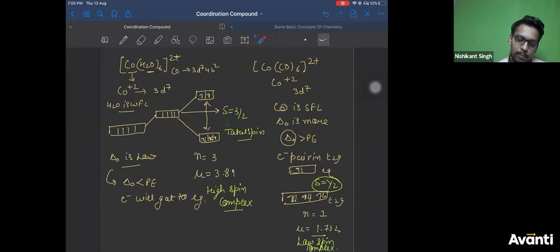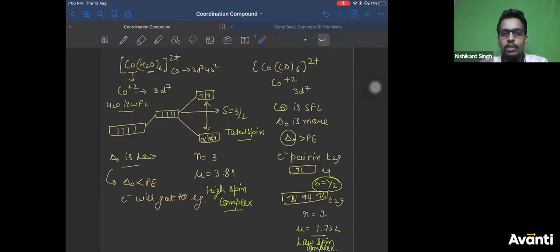Electron will, this gap is more. T2G and EG ka gap is more. So gap is more means electron will fill like this. 1, 2, 3, the 4th electron will not go up. It will pair here only. 5, 6, 6 are filled. Now 7th electron will go up. That's all. Is that clear, Pritesh?